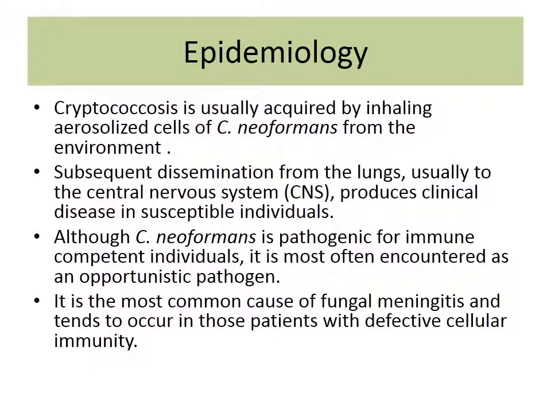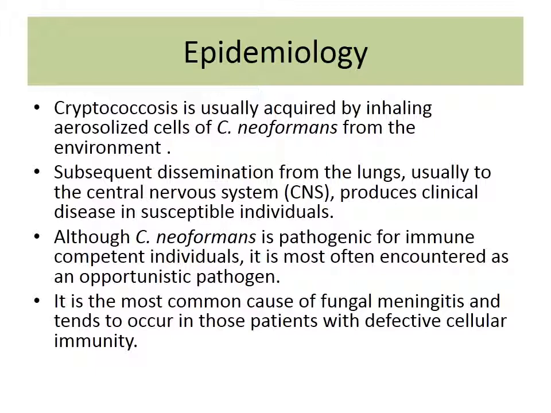As far as epidemiology is concerned, like many other fungi, they are in the environment and we inhale them. The inhalation disseminates into the lung, and from the lung it is carried to the central nervous system and may produce clinical disease in susceptible individuals, as we've been discussing. Cryptococcus neoformans is pathogenic for immune competent individuals, a concept we discussed earlier, because sometimes even a non-pathogenic fungus will cause clinical disease if your immune system is compromised.